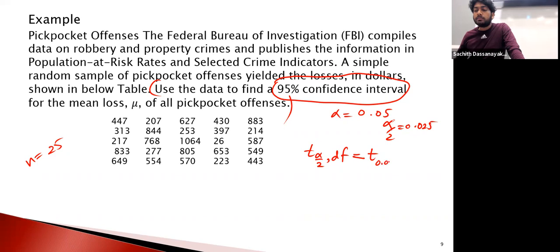You know that the degree of freedom is n minus 1, which is 24. Go to the table and find this T value. Remember these two values, 0.025 and 24.